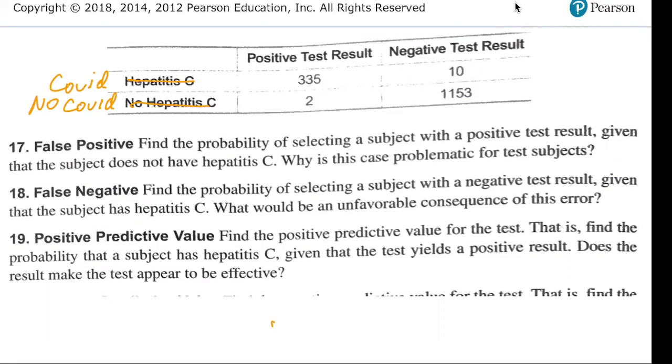The second row, you don't have COVID. And then we have our test results. So let's look at a false positive. Probability of selecting a subject with a positive test result, given that the subject does not have COVID.